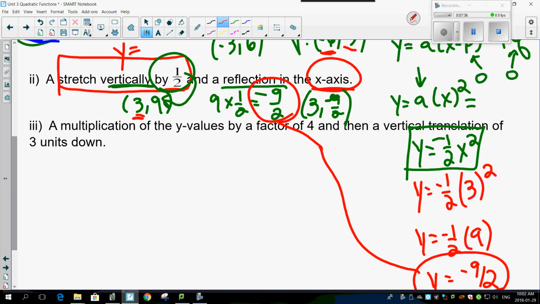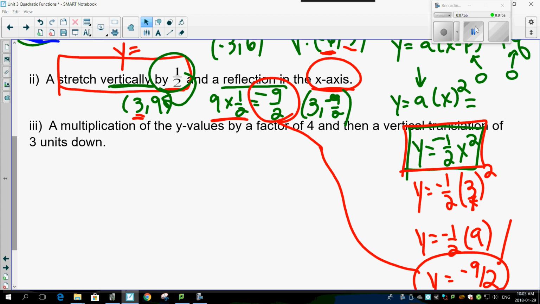So you can either determine it by figuring out the formula first and substituting in the original value to get your new y, or you can just do it logically. All right, here we go. Now, I'm going to clean this up, so I'm going to pause for a second, and then we'll be back for number 3.